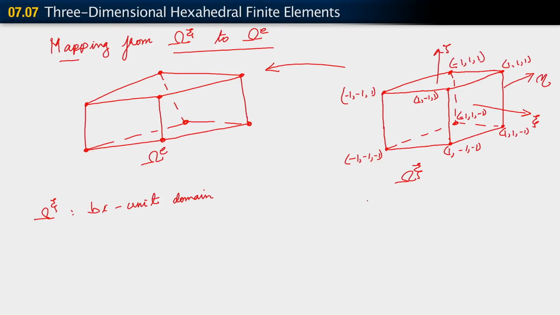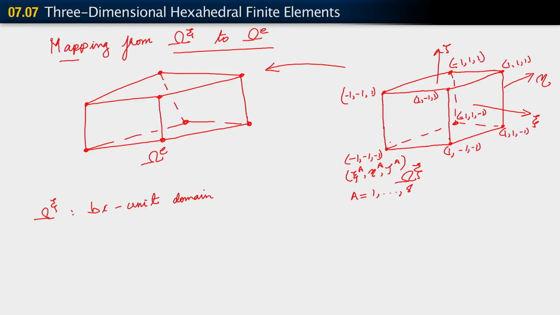All right, so these are the points, and you note that in general, each of these points can be referred to as xi A, eta A, and zeta A, right? Where A, once again, runs from 1 through 8. Okay, but here it matters that we establish a numbering.